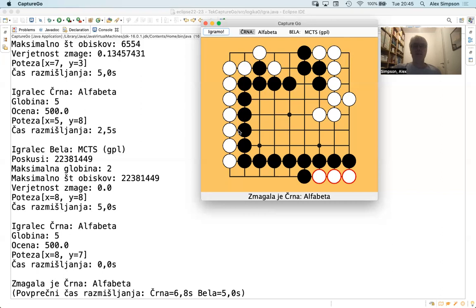Now that I've got the background processes running, alpha beta is taking more thinking time than it should. Indeed, at the end of the game, Monte Carlo Tree Search had an average thinking time, as it was bound to have, of exactly 5 seconds, whereas alpha beta was thinking for too long for the competition, 6.8 seconds. So actually alpha beta would be disqualified from the competition.